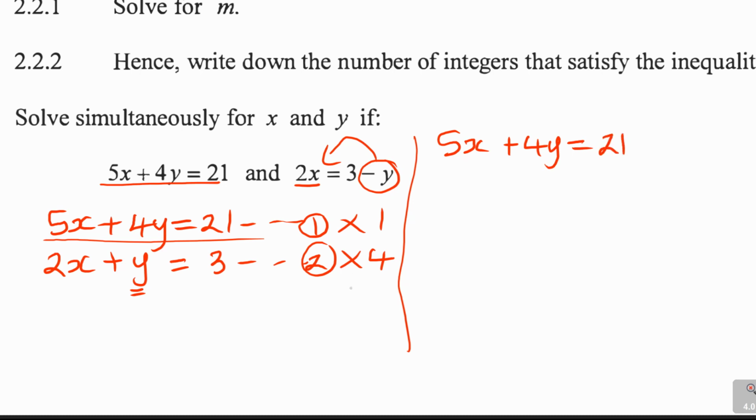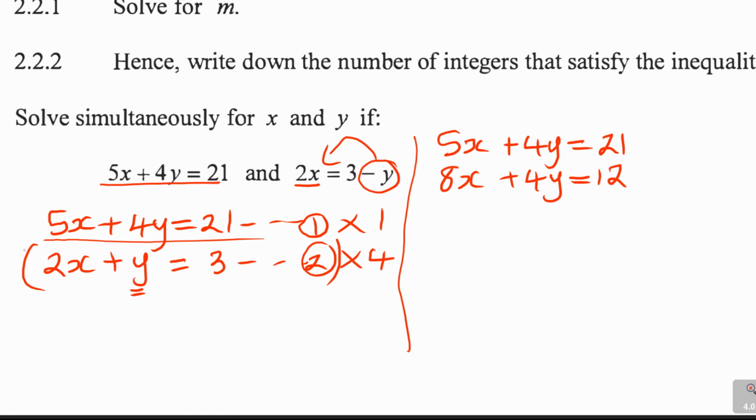The other one, I'm multiplying by 4, guys, everything by 4. So 4 times 2, it's 8x. Then 4 times y plus 4y equal to 4 times 3 is 12. You see, everything multiplied by 4. The aim was to make one of the y or the x to be the same. I chose to eliminate. It's called elimination. I chose to eliminate y.